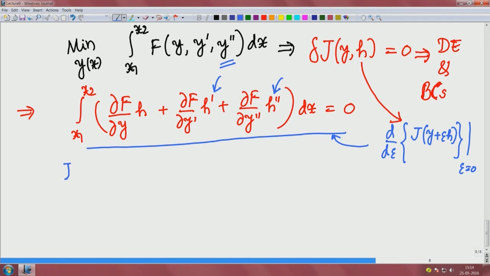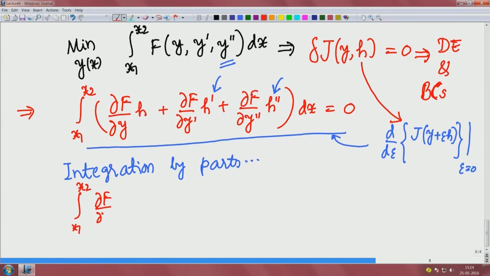So, integration by parts once. If we do, we leave alone the first term as it is, we do not touch it because that already has h, which is good enough for us to apply the fundamental lemma. Let us put that, and let us take the second term. Let me write the second term using blue color, so you are clear where it is going.